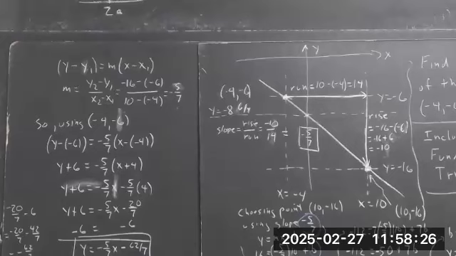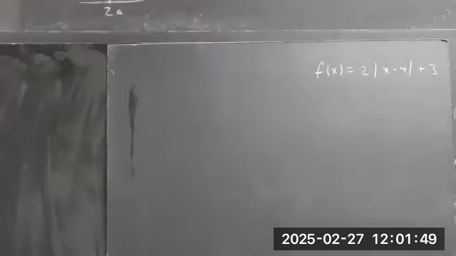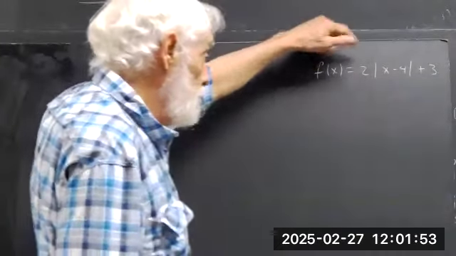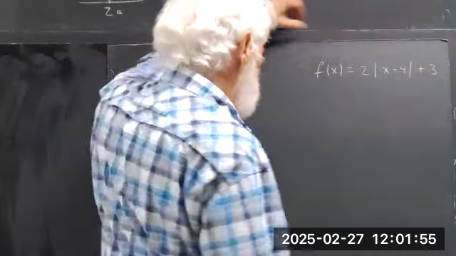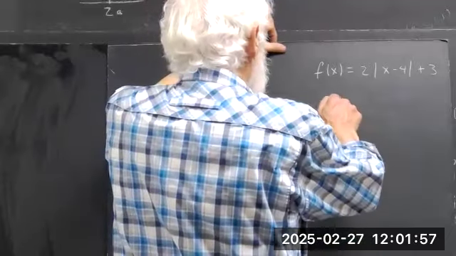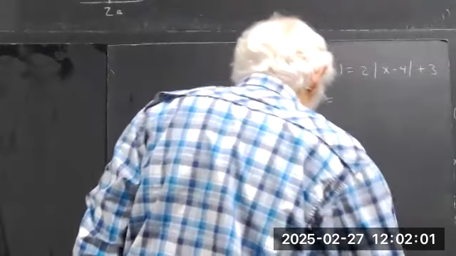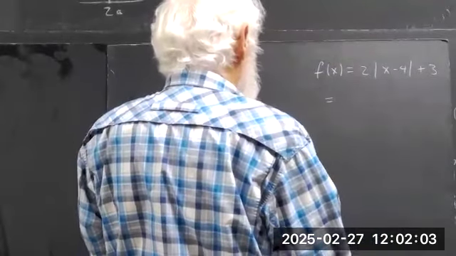Okay, next thing we want to do is talk about absolute value. Unfortunately, I think I'm short of voice, so give me a second here. Okay. This function, f of x equals 2 times the absolute value of x minus 12, plus 3. Let's call that g of x.